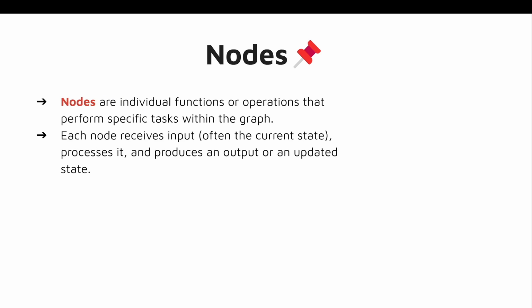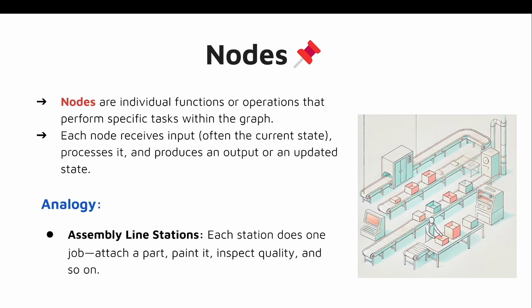So here's a good analogy of this, the assembly line station analogy. Now look at this image. Each of these stations does one specific job. It could be attaching a part, it could be painting it, it could be inspecting the quality, and so on. The point is, each of these stations represents a node because they do one specific task.